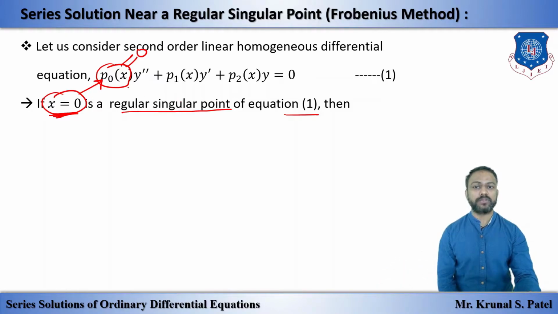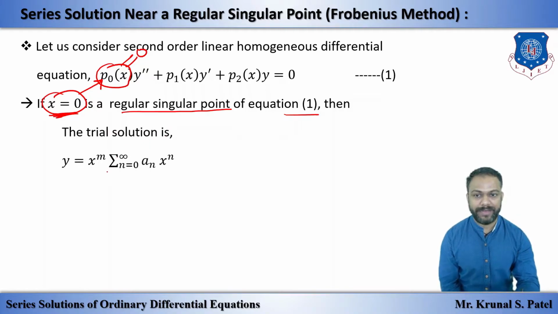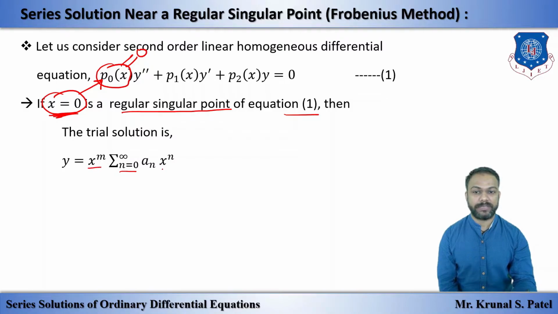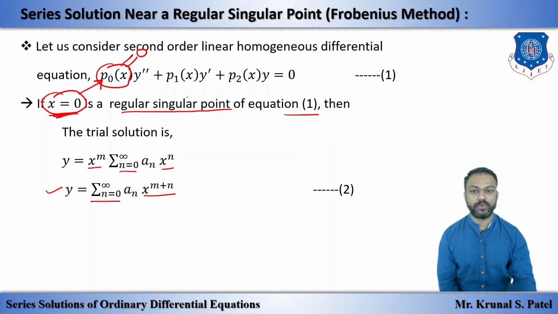If x equal to 0 is a regular singular point, then the trial solution is given by y equal to x raised to m sigma n equal to 0 to infinity a n x raised to n. Now we multiply this with x, so we have x raised to m plus n and summation as it is. This is our equation number 2. Now we will differentiate y with respect to x 2 times, because we need y dash and y double dash.